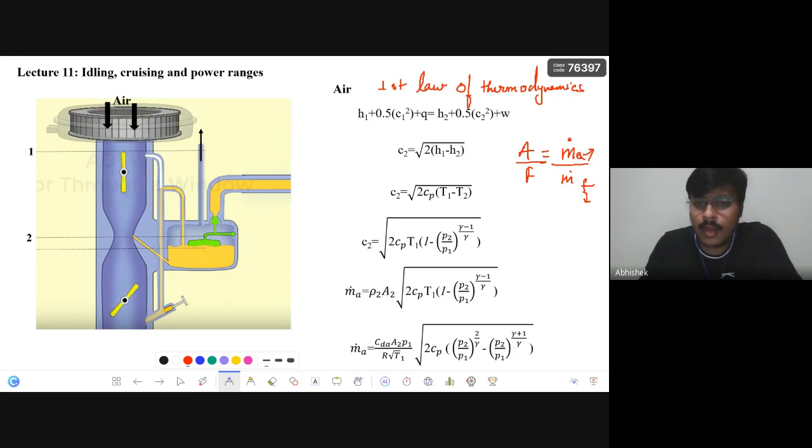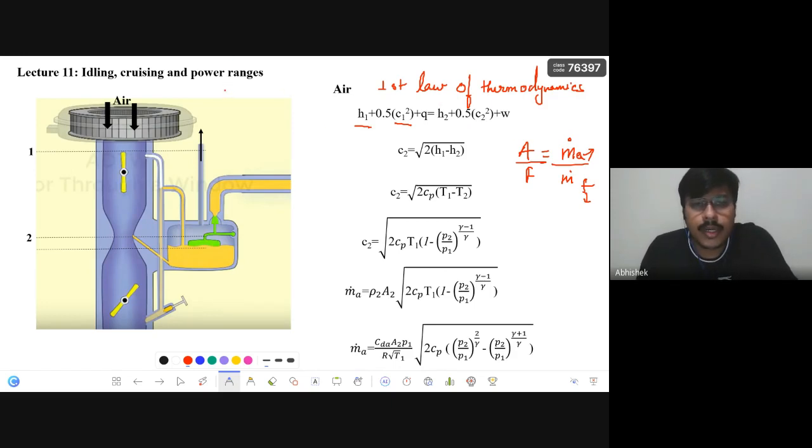I hope everyone remembers this formula. H1, what is H? Enthalpy. What is C1? Anyone? No, sir. Don't know, sir. Okay.